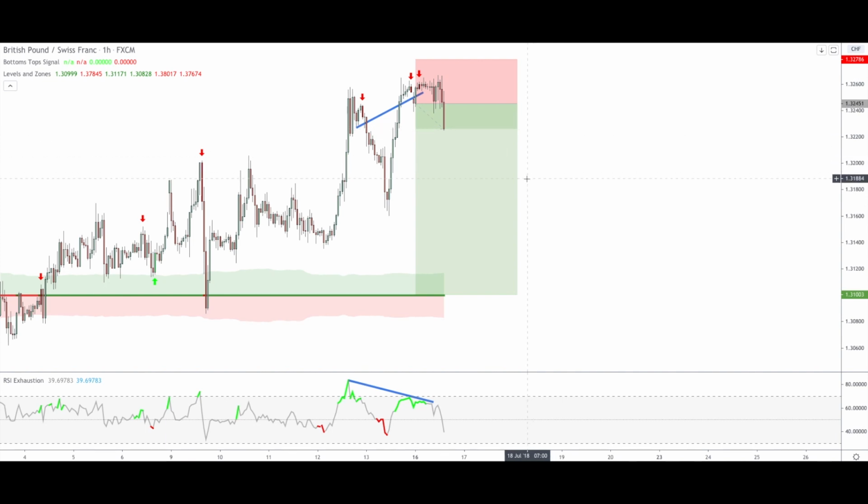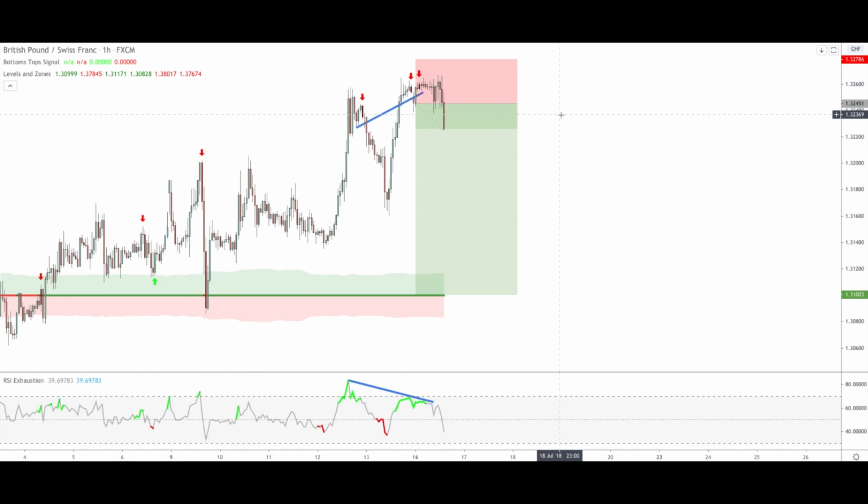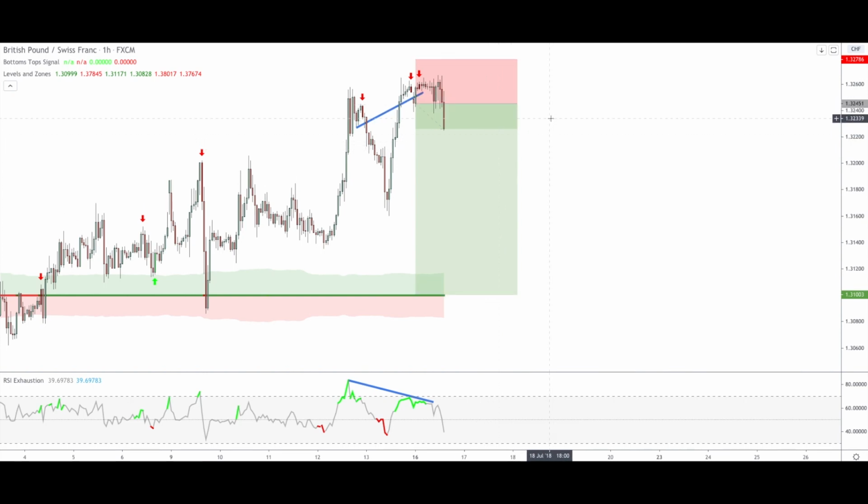I cannot tell how fast it will go down, whether it's going to make very long candles like this one, or maybe it will take forever to go down to this level. The target is definitely a huge target because we are talking about almost a 4.4x return, which is very significant. So we need to be patient and keep track of the price action as the trade goes on.